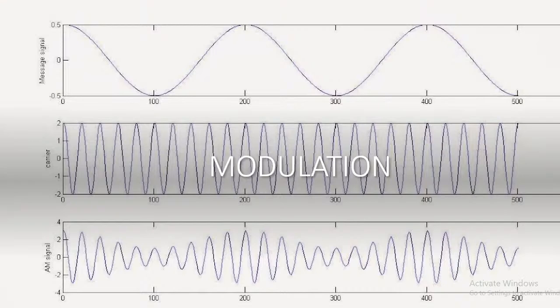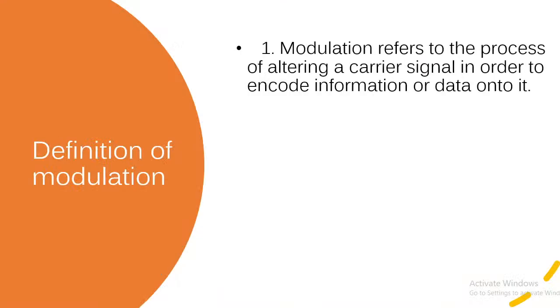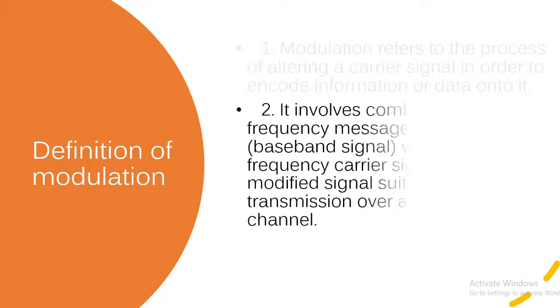Now let us consider what modulation is. Once we are equipped with what is the baseband signal, what is the carrier signal, what are the disadvantages of the baseband signal, and the advantages of the carrier signal, now we come to modulation. What is the definition of modulation?